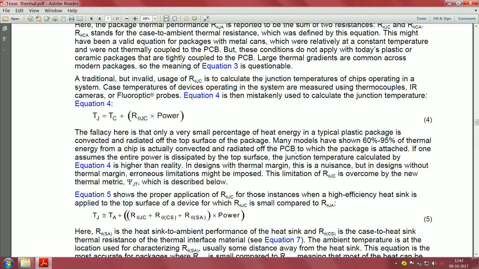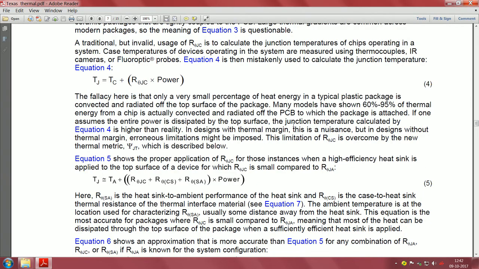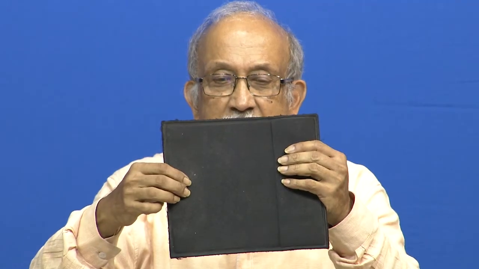Many models have shown that 60% to 90% is convected and radiated off the PCB to which the package is attached. So, in the case of aircraft and such applications, you have a large PCB like this with a lot of components mounted, occasionally on both sides.